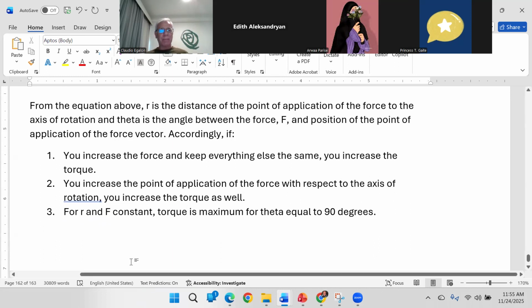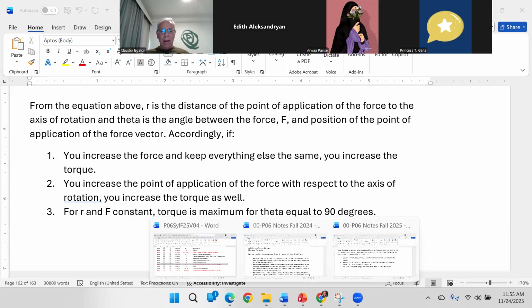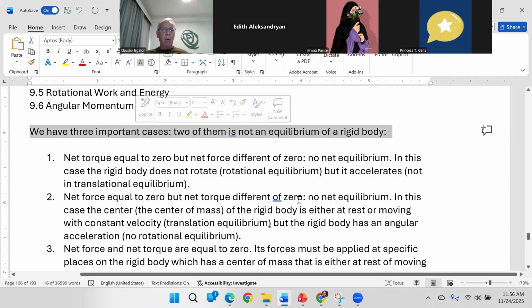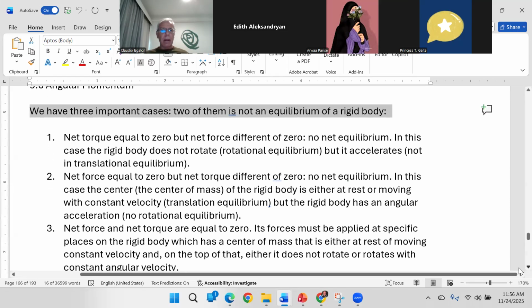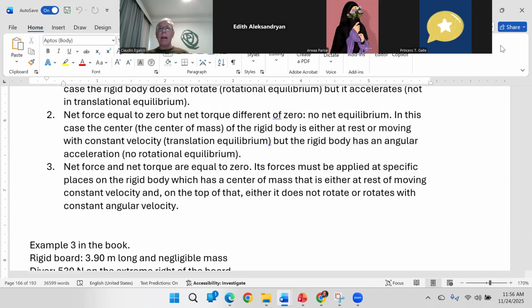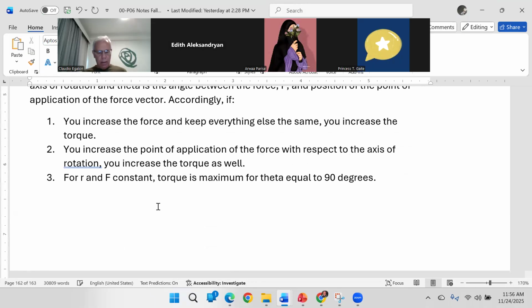Okay, so now there's something interesting about the torque. We have three important cases for a rigid body. Rigid bodies have different behaviors when it comes to equilibrium.